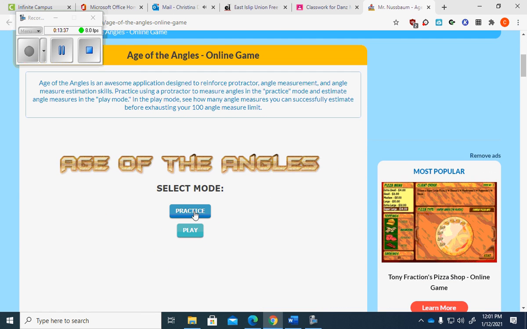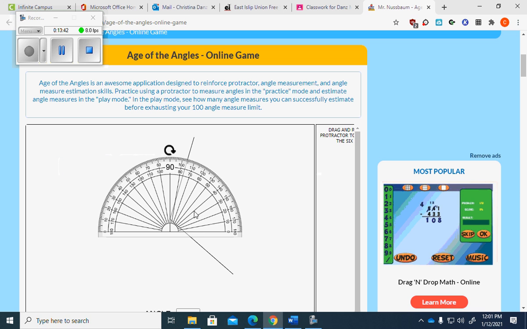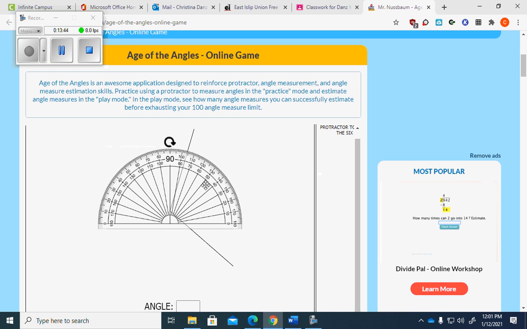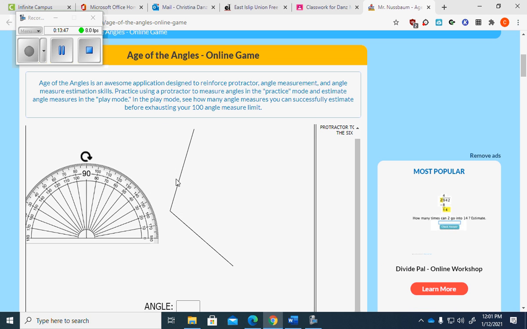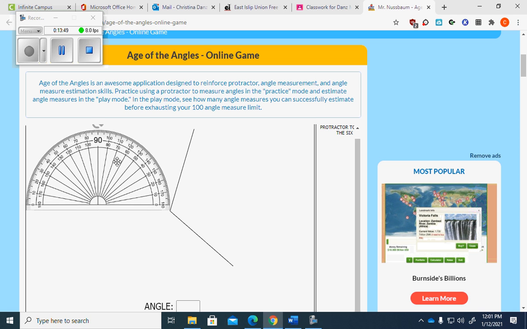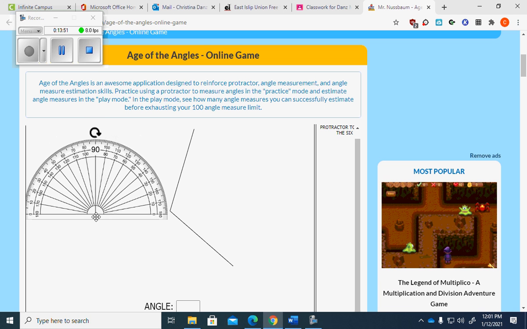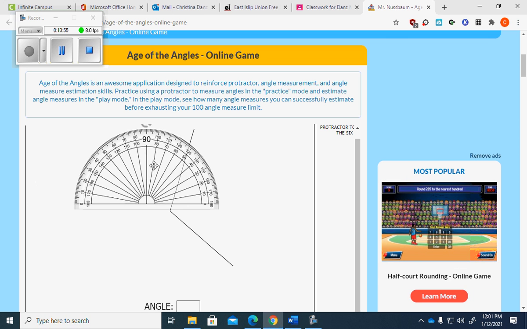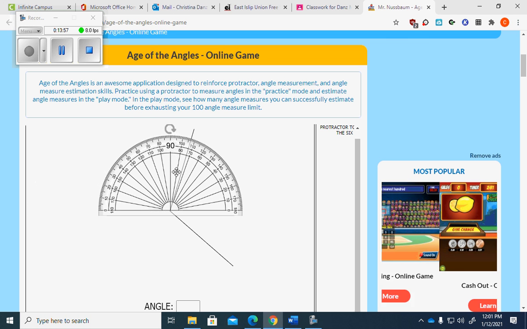And it says in my Google Classroom, it said go to the practice mode. And now here we have a protractor. There is an angle. I'm going to show you how to use a protractor. So you have to take that center mark in the bottom of the protractor and put it on the vertex.